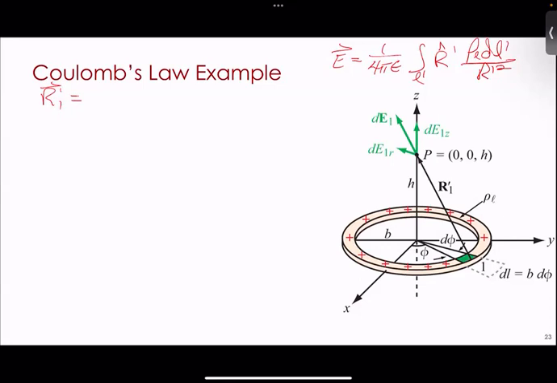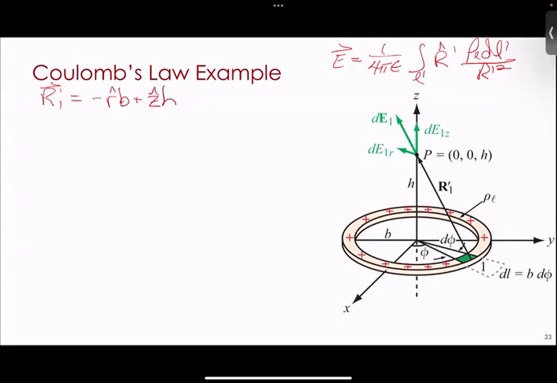So if we did this, we would want to represent R1 prime in terms of those variables. What are the 3 variables in the cylindrical coordinate system? R, phi, z. Okay. So we can represent R1 prime in terms of R hat and Z hat. Let me write it down and then I'll explain why it is this.